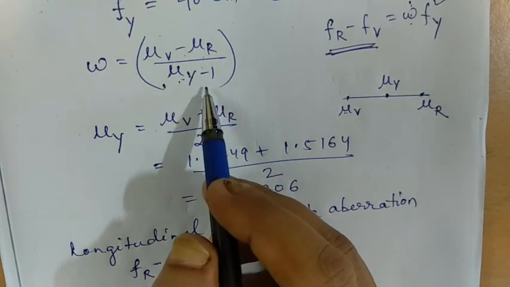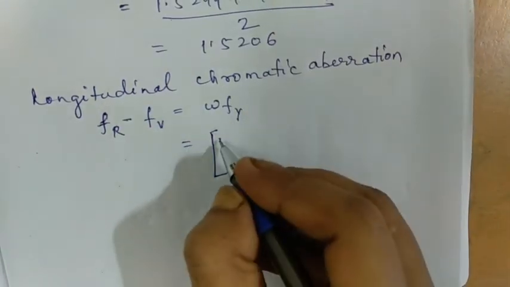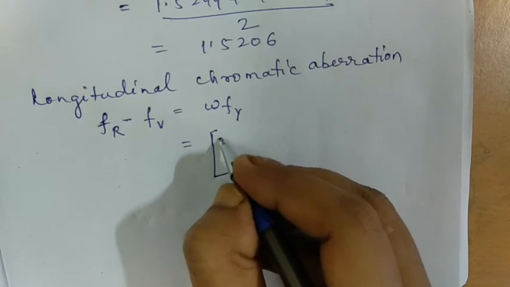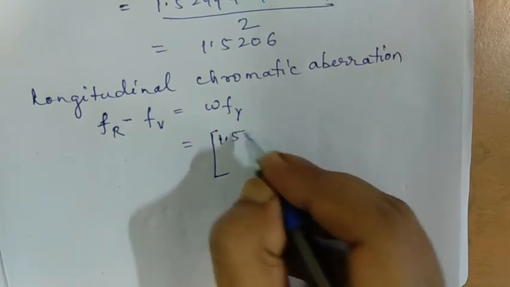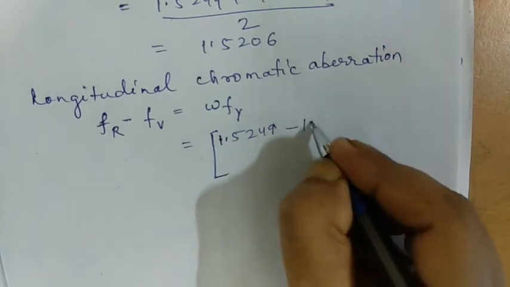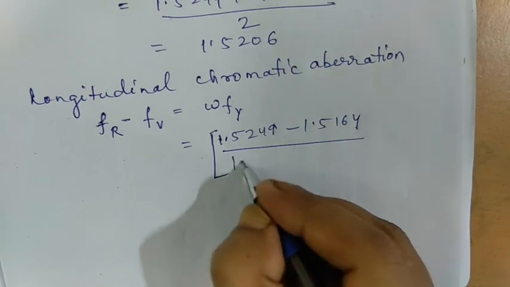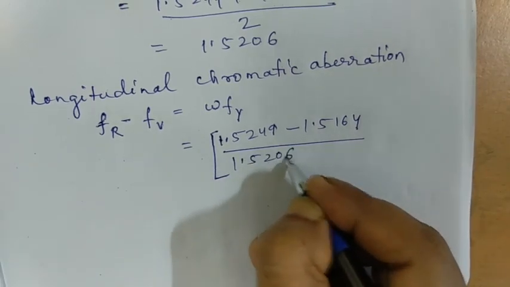Putting these values, 1.5249 minus 1.5164 divided by 1.5206 minus 1.